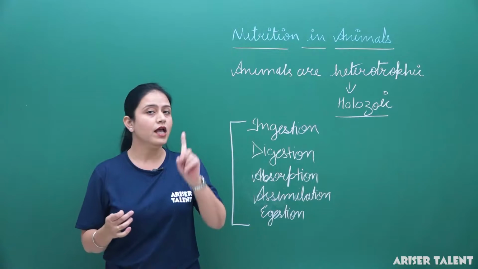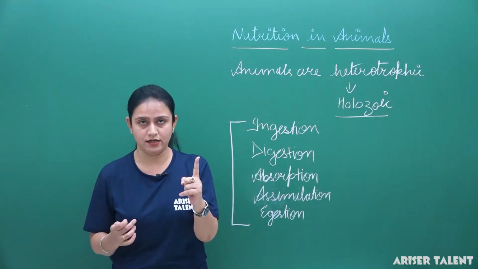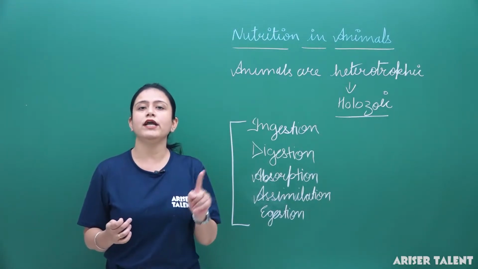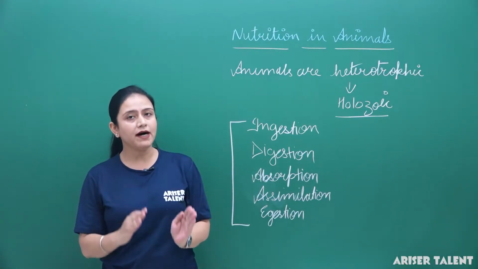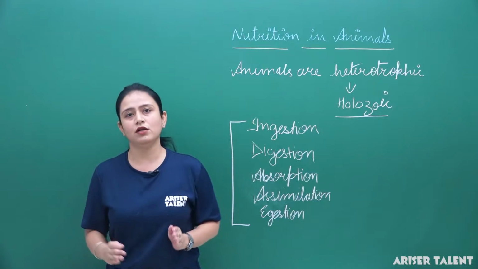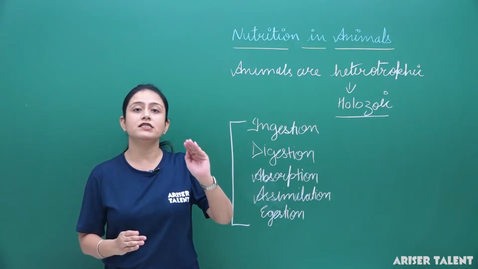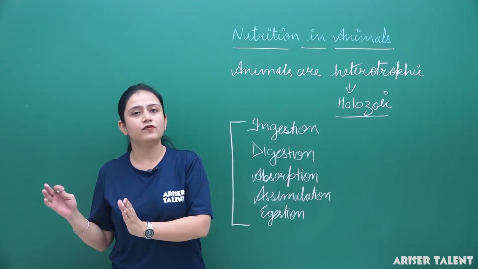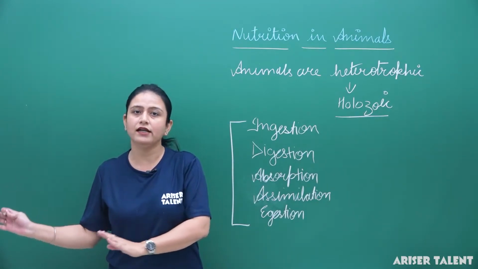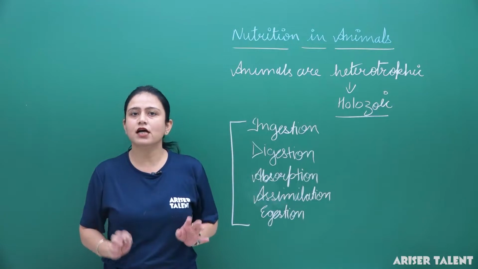As it is made up of one cell, all the vital activities are performed by the single cell only. But a multicellular organism is made up of many cells, so different activities are performed by different groups of cells and tissues. Clear? This is the difference.